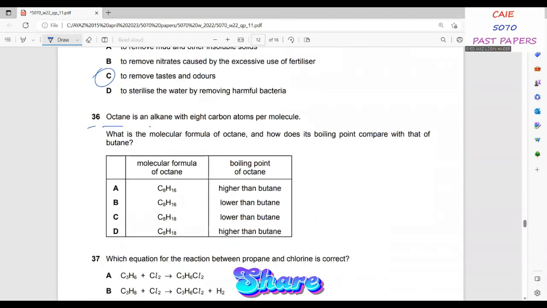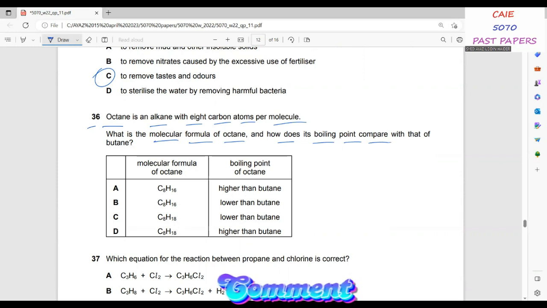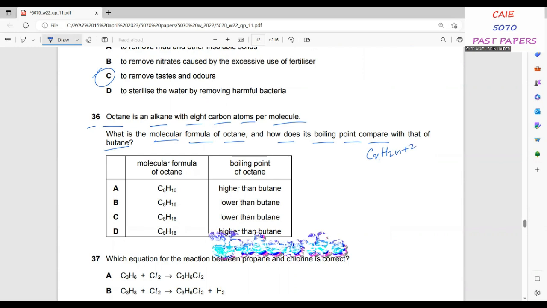36. Octane is an alkane with 8 carbon atoms per molecule. What is the molecular formula of octane and how does its boiling point compare with that of butane? Butane is the lower member than octane. I'm writing the general formula for alkanes, that is CnH2n+2. For octane, there are 8 carbon atoms, so you write C8, H2 multiplied by 8 is 16, 16 plus 2 is 18.